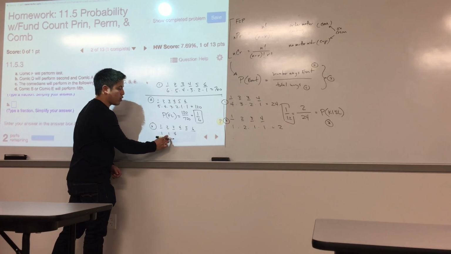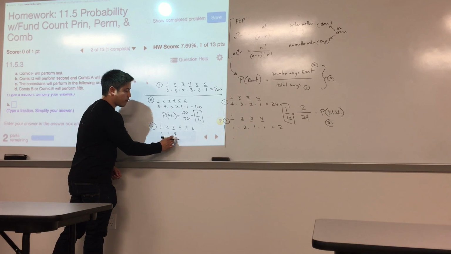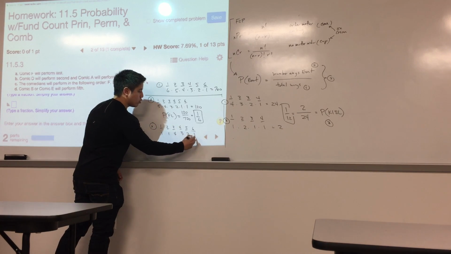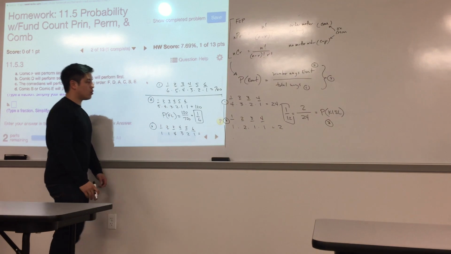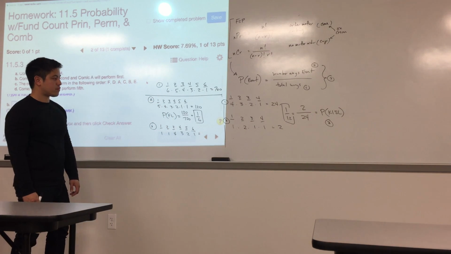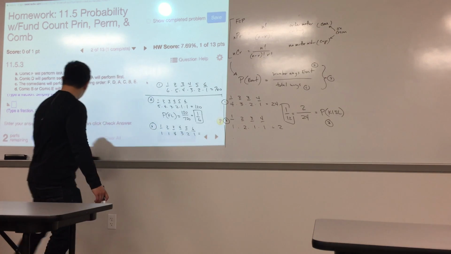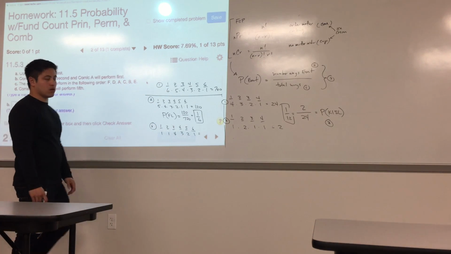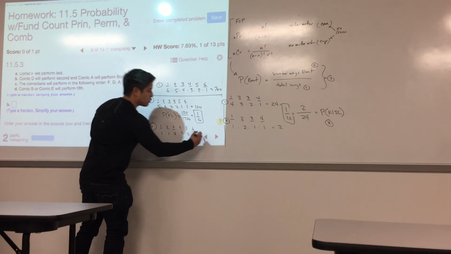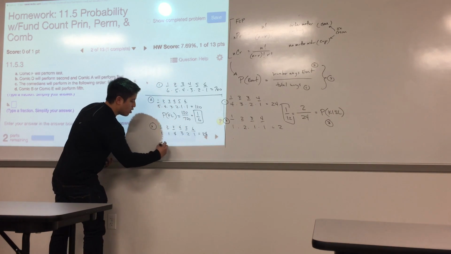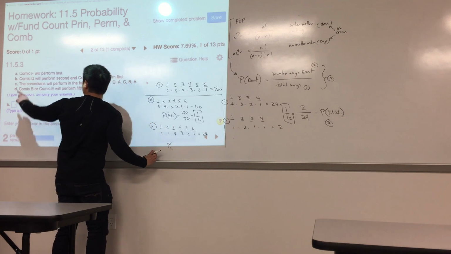Positions 1 and 2 are already pre-filled. You start with 4 and then you just go down: 3, 2, 1. And what do you get from that? 24. Good.